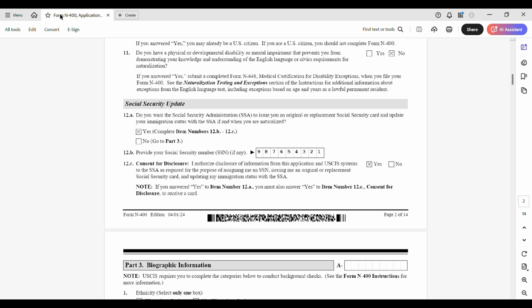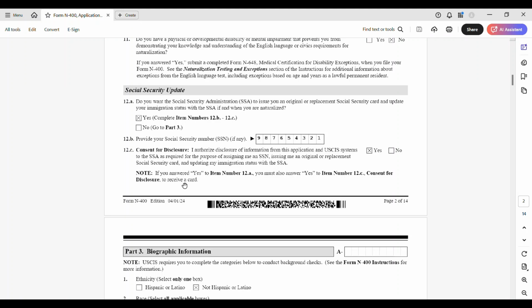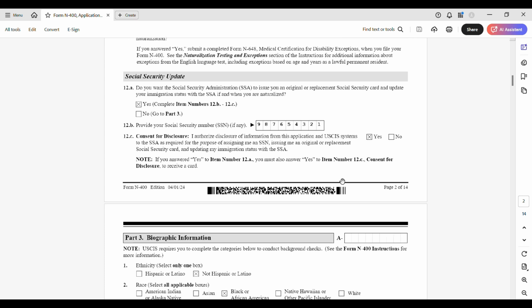So once you have consented or agreed for the USCIS to submit the application to the Social Security office on your behalf, then you would want to select yes. Note, if you answered yes to item 12A, you must also answer yes to item number 12C, consent for disclosure to receive a card.